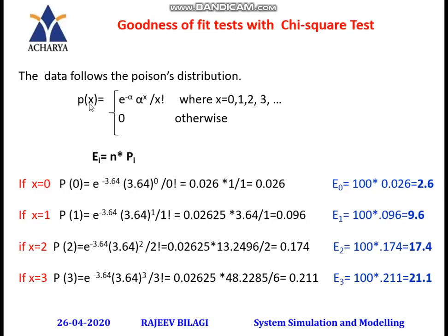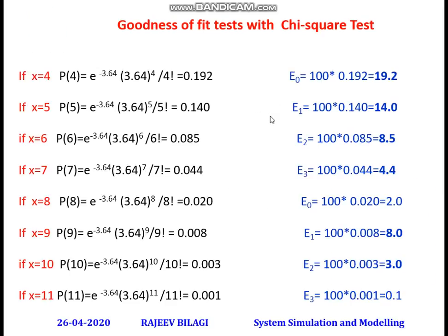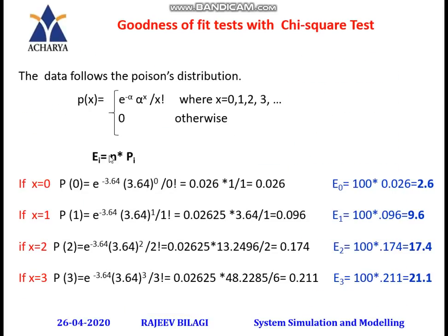As we know, P of x equals e to the power of minus alpha into alpha to the power of x divided by x factorial, where x equals 0, 1, 2, 3, and ei equals n into pi. Now we have to convert all these values of x, 0, 1, 2, 3, 4, 5, with respect to these values.